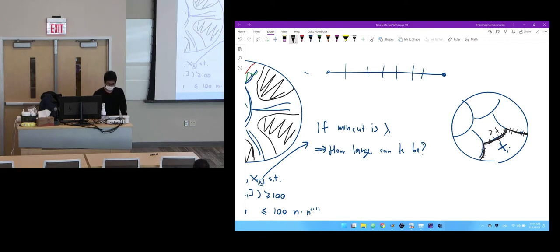And this is true for each of the expander clusters: you consume at least lambda edges along these intercluster edges. But how many intercluster edges are there? Something like n. So that's why the number of clusters can be at most n over lambda.